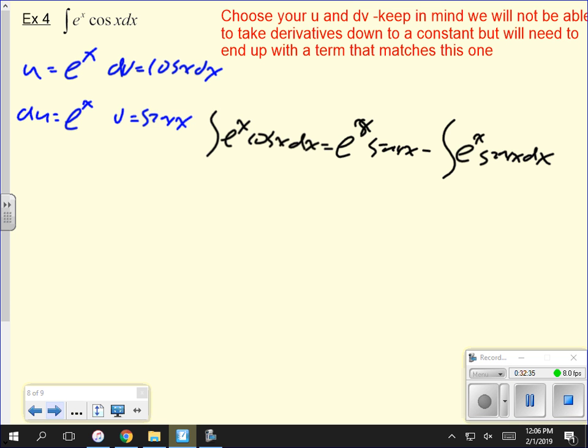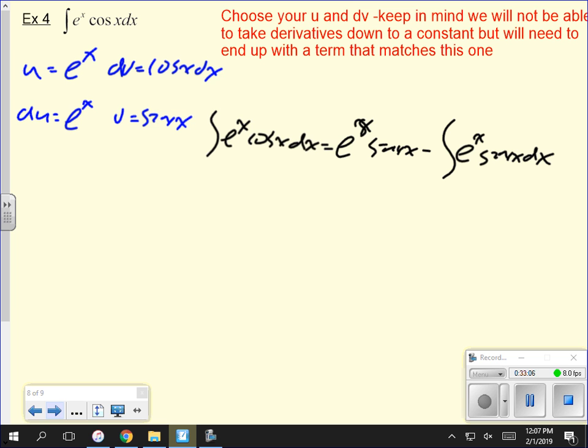Again, take the integral that's there, e to the x cosine x, do a uv substitution for that. Again, trust me, I know what I speak of. Do another uv substitution on the second integral. Remember, the beginning part will not change.